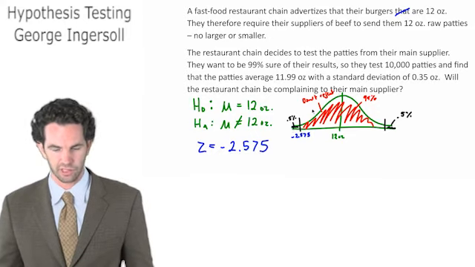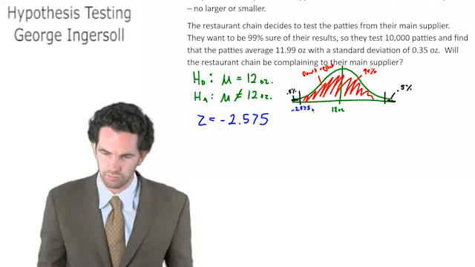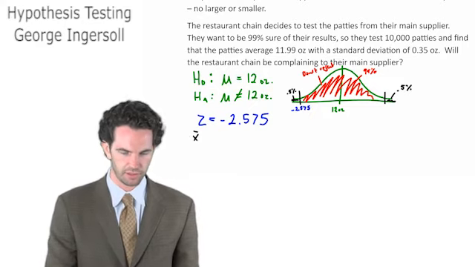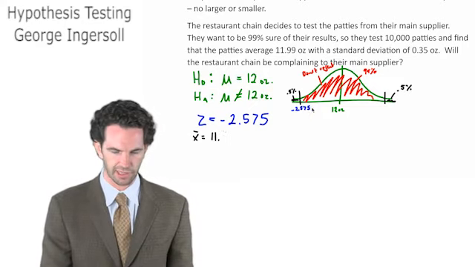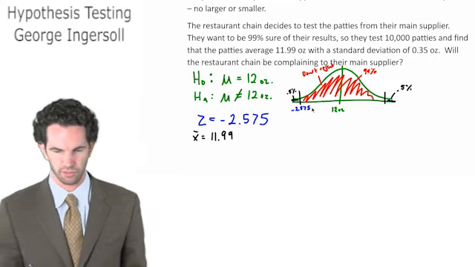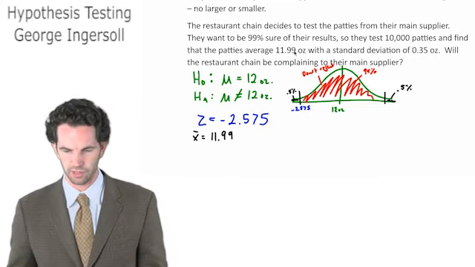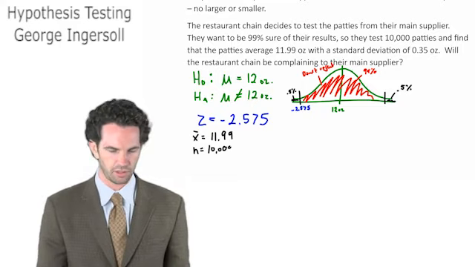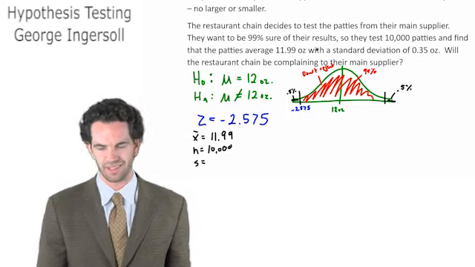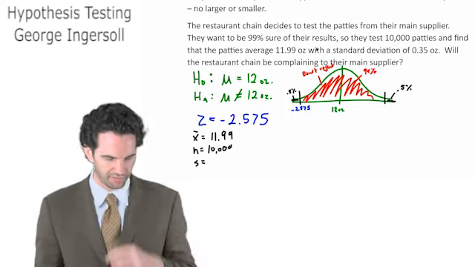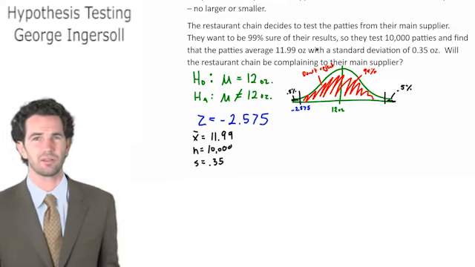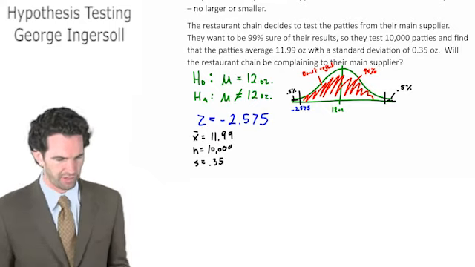Now it's just a matter of using our standard equation for dealing with sampling. So let's do that. Our X bar is 11.99. That was our observation from the sample of 10,000 patties. Our N is 10,000. Our S is going to be equal, and again, I said this is interchangeable. Our standard deviation for the sample, I'm going to call it what it is, which is the standard deviation for the sample, but it's a big enough sample that it's going to be pretty much the same thing for the population, is 0.35 ounces.